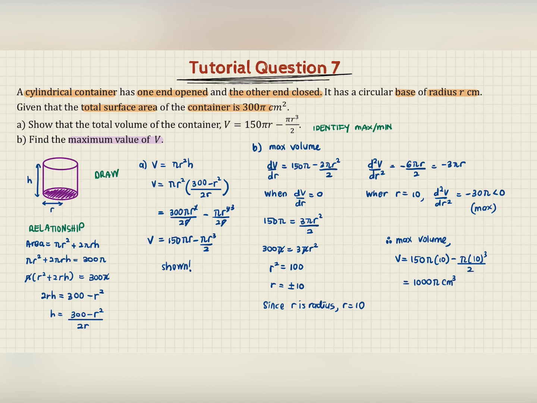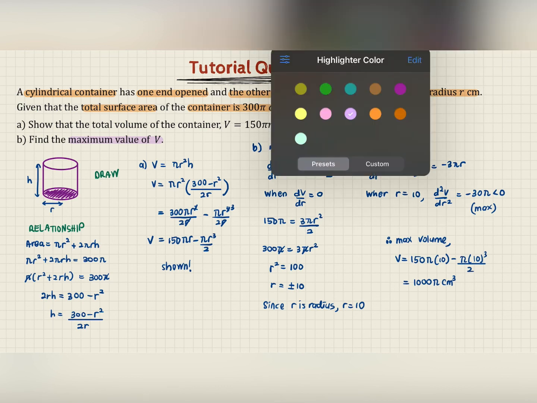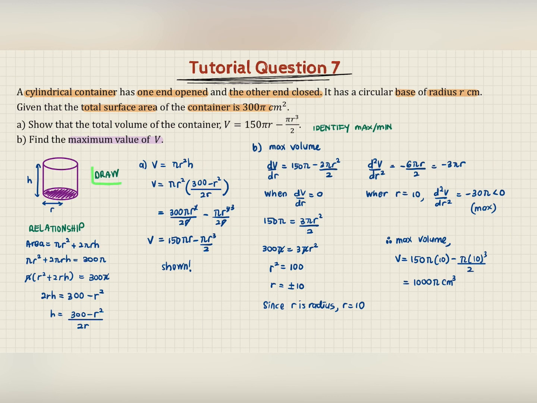Okay, so tadi kita dah buat label. Okay, so ini step yang pertama, draw. Saya conteng sikit kat sini. So step yang pertama adalah kita kena draw. Okay, so step yang kedua adalah we state the relationship ataupun equation yang soalan itu beri. Okay, and then step yang ketiga adalah kita identify nak maximum ke minimum.